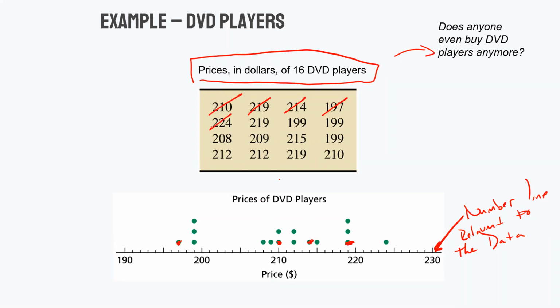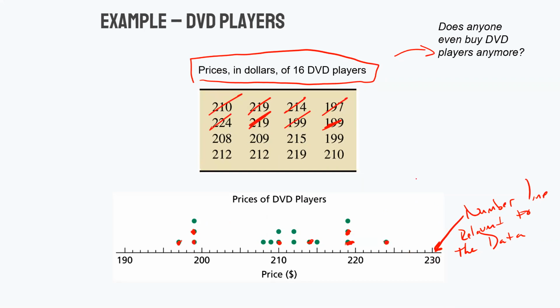Make sense what I'm doing? And then when you get to another one that has 219, yep, that's it. So I'm just plotting the dots. That's it. 199. I got another 199. So when I have values that are the same, I just put the dot above it. The 230 is just a continuation of the number line.